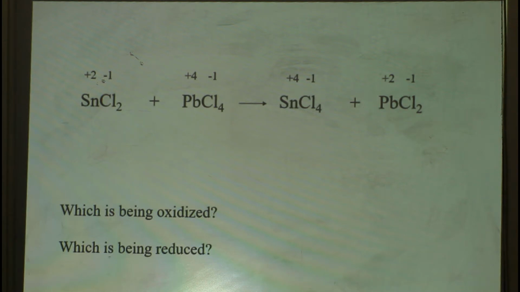The entire tin chloride has been oxidized, and the entire lead tetrachloride has been reduced to this. In this case, let's look at this.